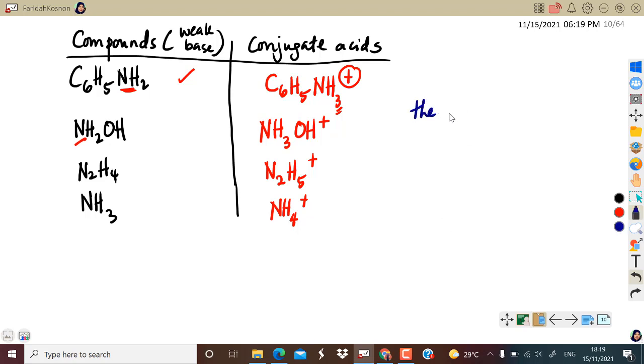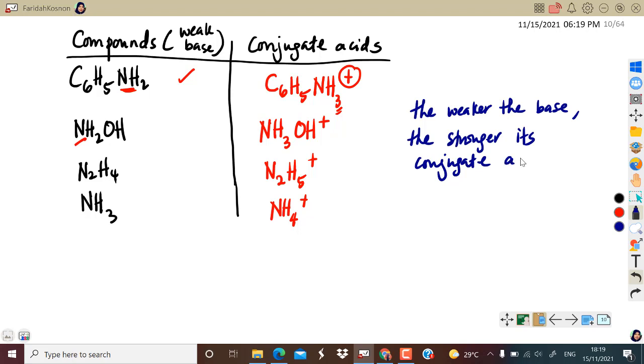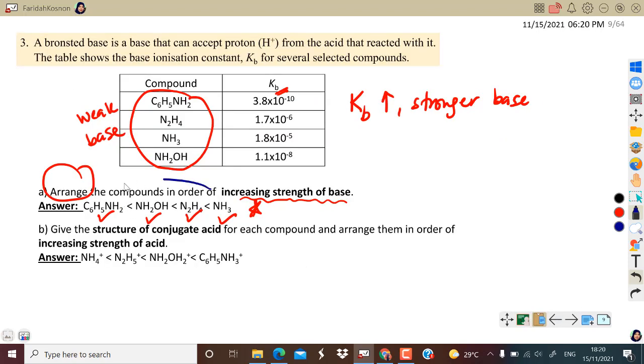Okay, the weaker the base, lagi lemah base tersebut dalam soalan ini, the stronger its conjugate acid. Tadi, okay, kalau kita lihat soalan seterusnya, ini adalah susunan increasing strength bagi base tersebut. Jadi sekarang kita nak susun conjugate acid bagi base ini according to increasing strength of acid.